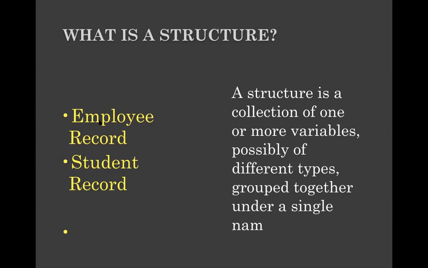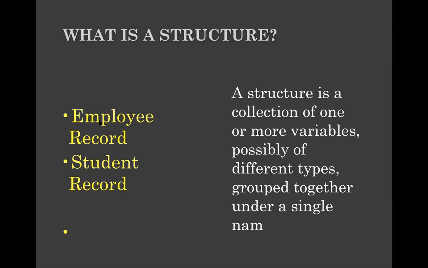So all these variables, the ID, name, basic pay, dearness allowance, are related to one single employee. They can be grouped together as a structure so that it makes more sense for me when I say employee ID, employee name, employee PF, employee dearness allowance, employee basic pay, and so on.